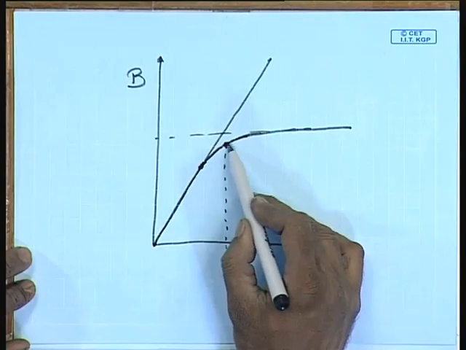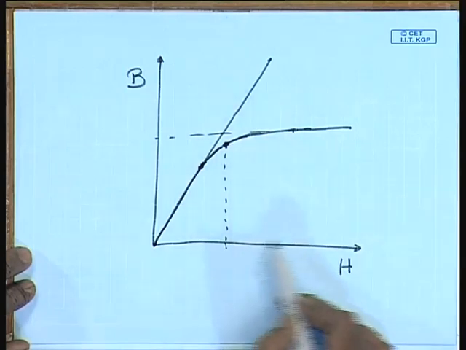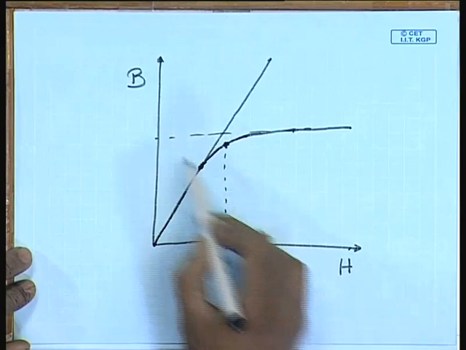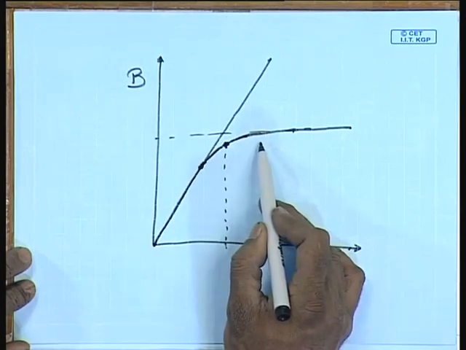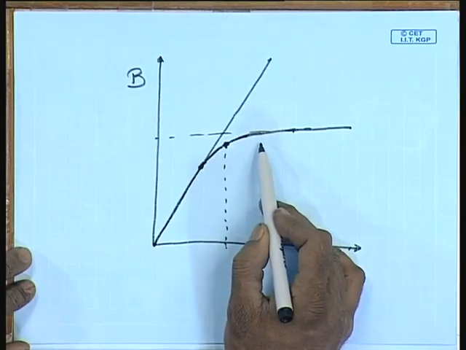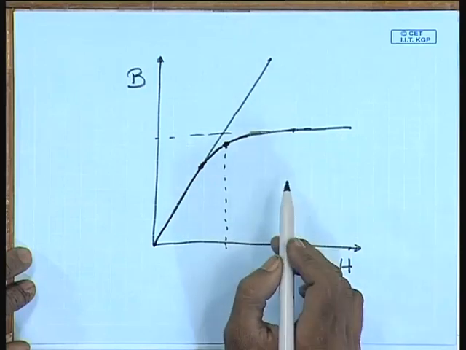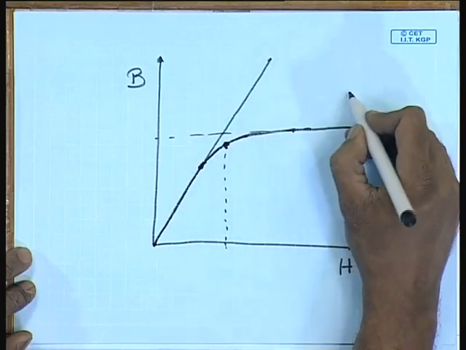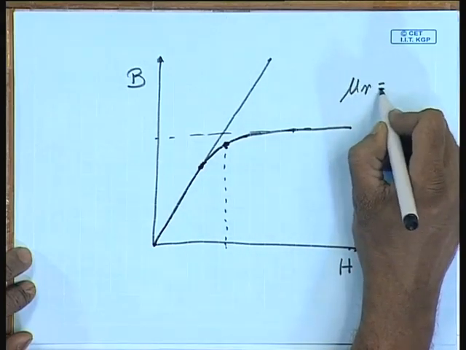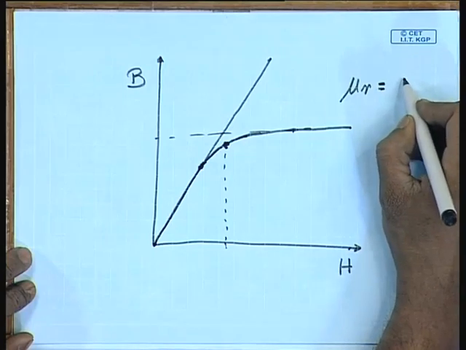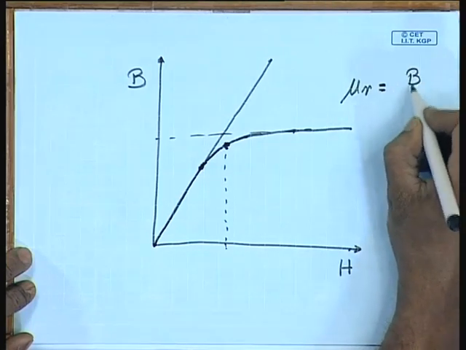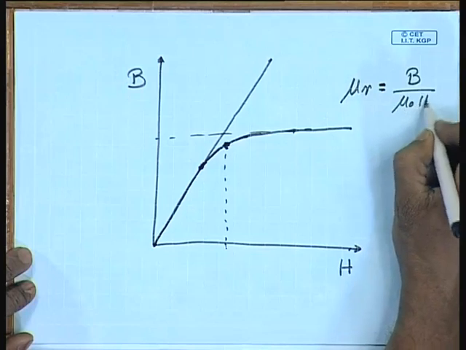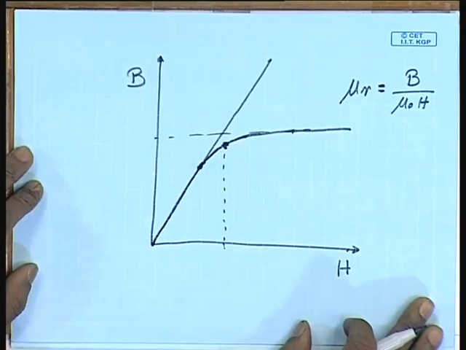Because beyond this point, even if you put a large MMF, that is H, there will not be much increase in the magnetic flux density or the total magnetic flux circulated. Obviously, in this region, the relative permeability of the material, which is mu r equal to B divided by mu naught H, does not remain constant.